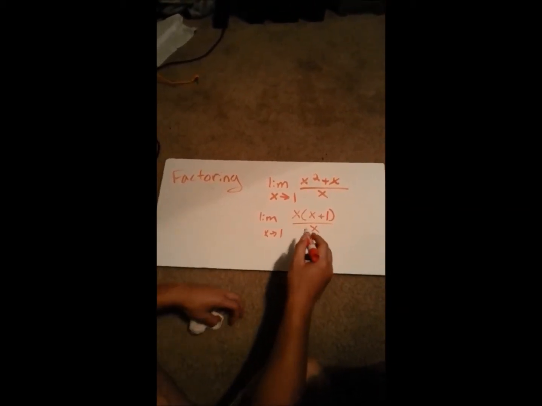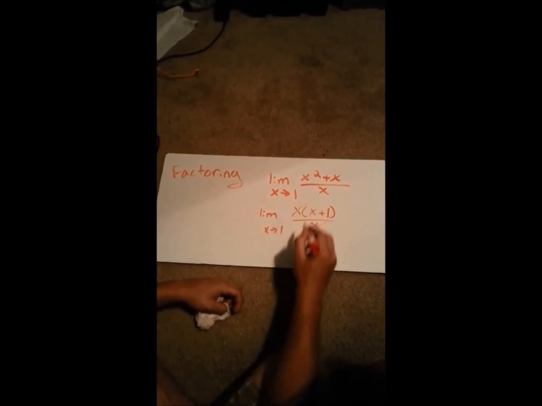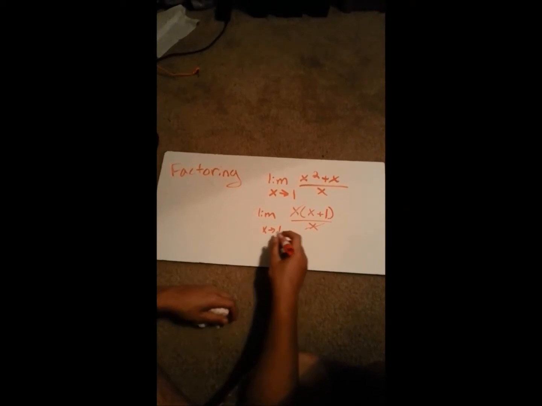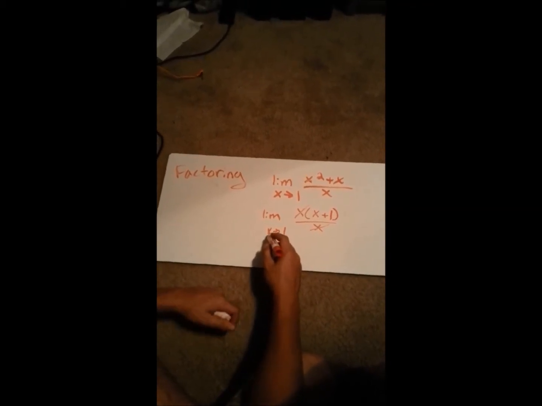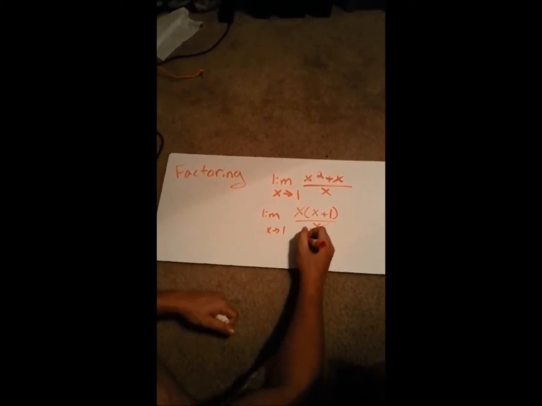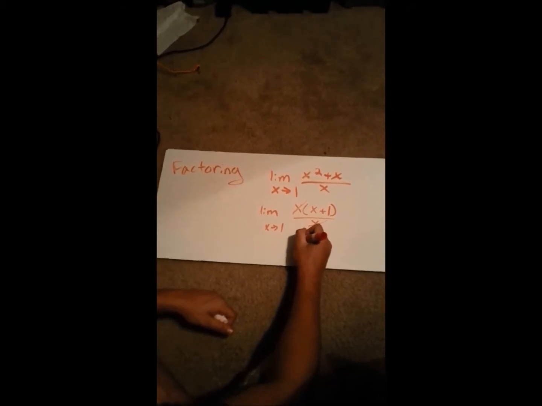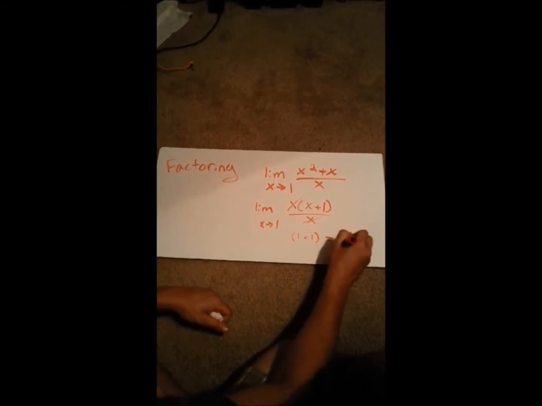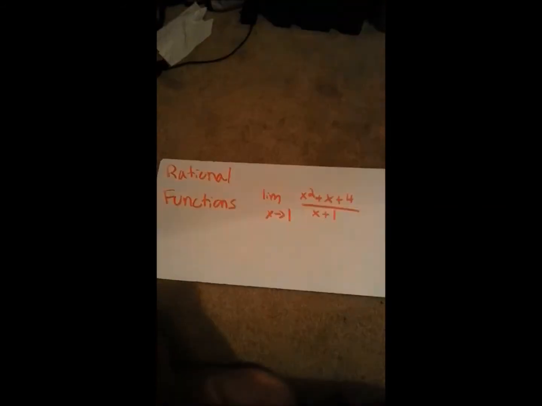Here, both x's will cancel out, as x over x is 1, and we can directly substitute the 1 into the equation, and we will get 1 plus 1, which is equal to 2. And that is your answer.